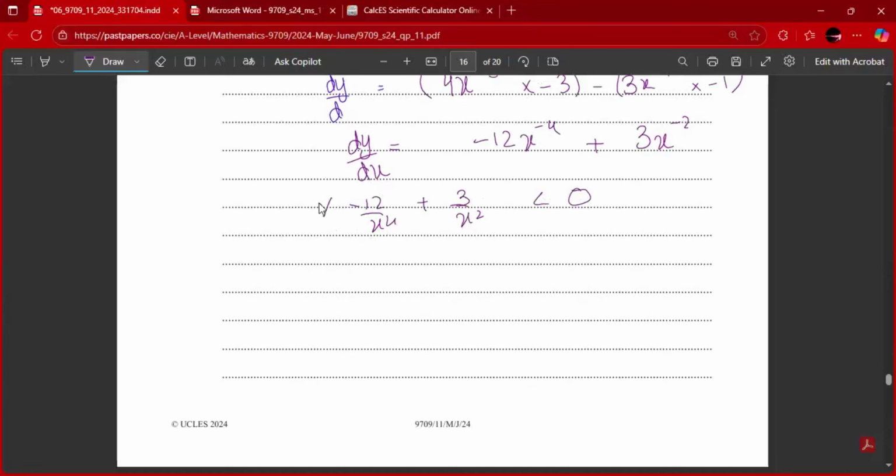So let's just multiply with x for both values. No, let's multiply with x to the power 4, on both sides. What are we left with? We are left with minus 12 plus 3x squared should be less than 0.